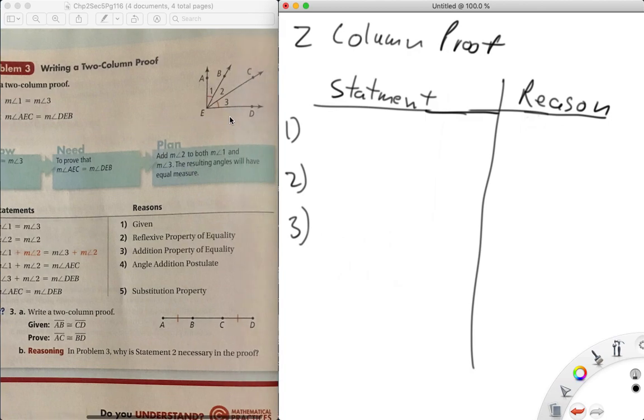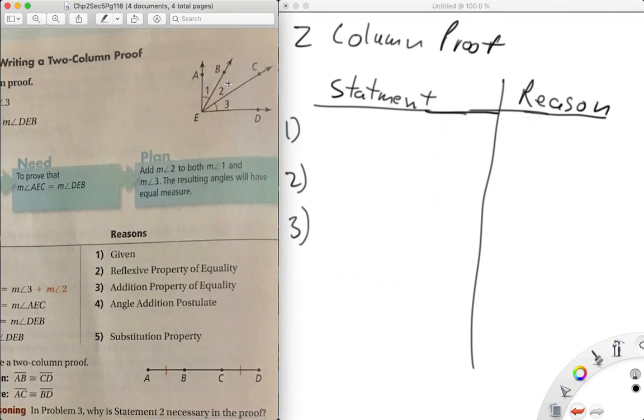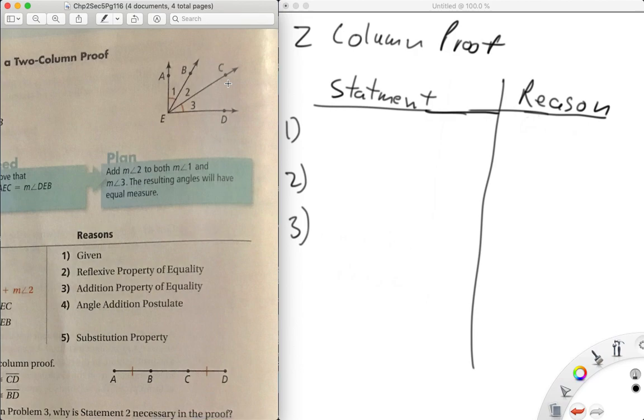So let's take a look over here. Notice that 1 and 3 are the same, right? Notice that AEC is a combination of 1 and 2. Notice that BED is a combination of 2 and 3.